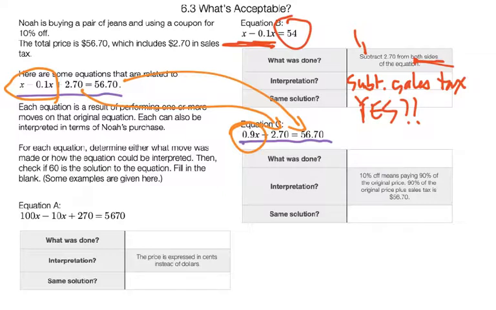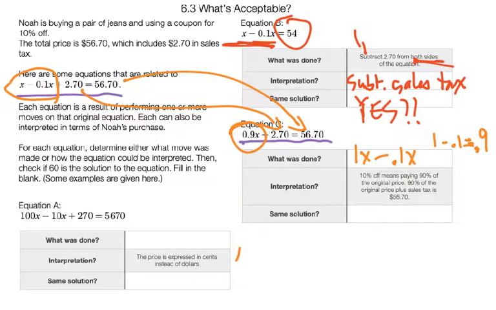What they did was they took 1x and they took away 0.1x. In other words, if you take 1 and you subtract 0.1, I get 0.9. In other words, if I have 100% and I take 10% away, I get 90%. There it is right there.